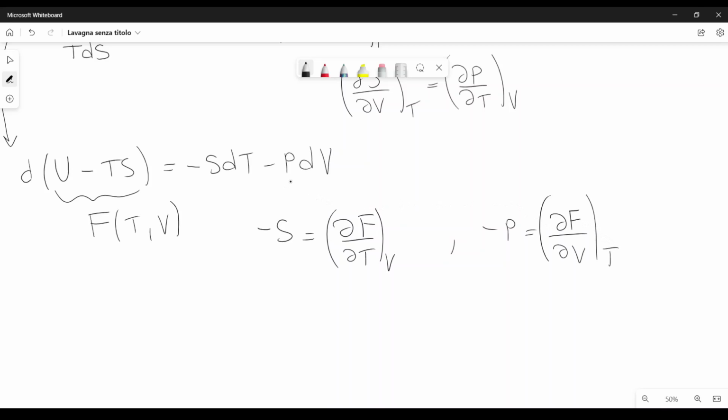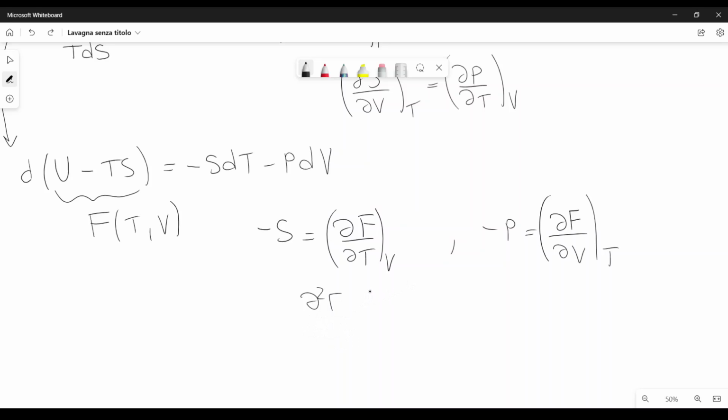But now, if you differentiate one more time this function with respect to volume, and you differentiate this function with respect to temperature, you should get the same thing, right? Because you get d squared F dV dT on both sides, and you can exchange the order of these derivatives.